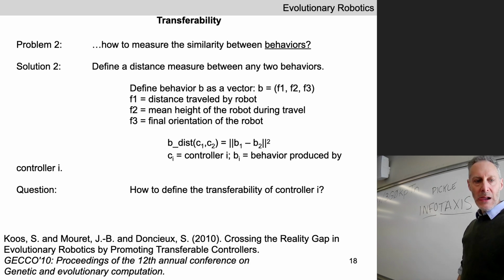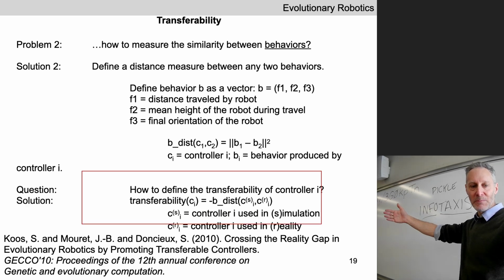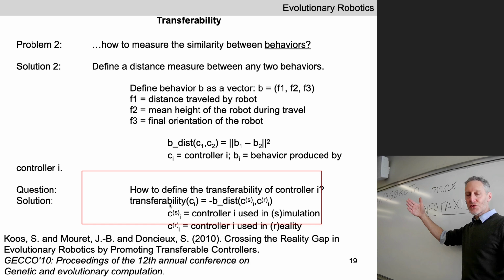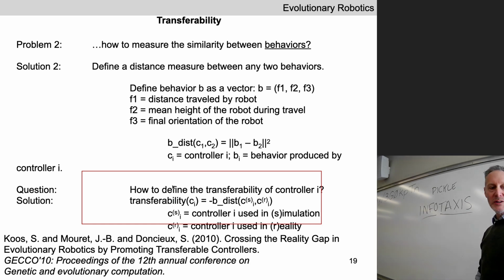Okay. All right, but we still need to figure out how to define the transferability of a controller before it's sent to reality. So we've just defined behavioral distance, and now the transferability of any controller I we can compute relatively easily by using behavioral distance.